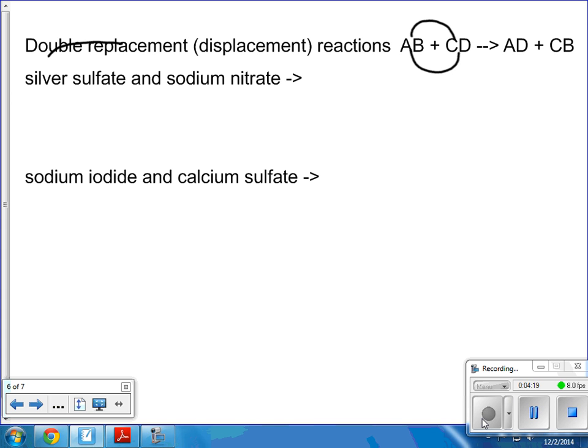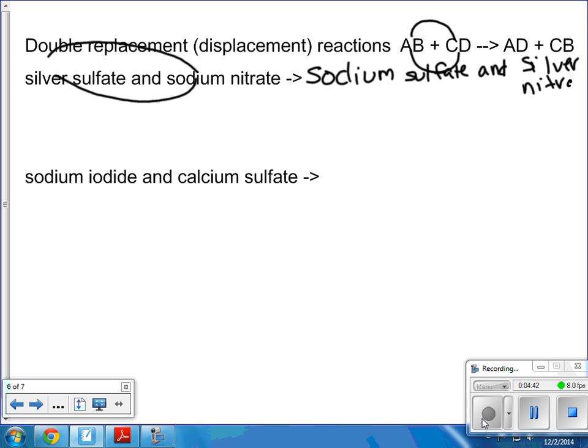So silver is going to swap with sodium. Sodium is going to swap with silver. So we end up getting sodium sulfate and silver nitrate.